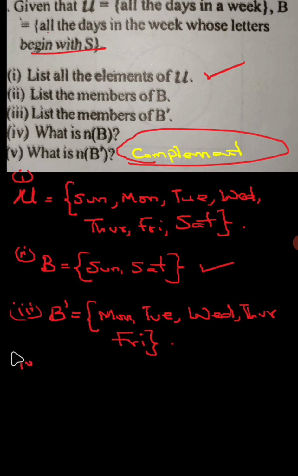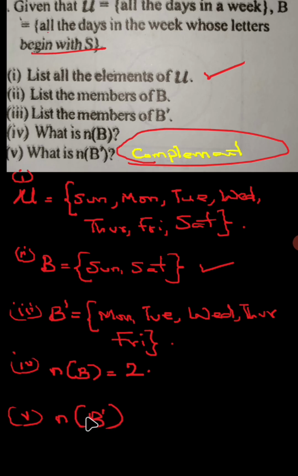Then next, what is the cardinality of B, which is n of B. This is how many elements are inside set B. That is just 2. So I'll put 2 here. And lastly, what is the cardinality of the complement of B. So I'll have n of B complement.